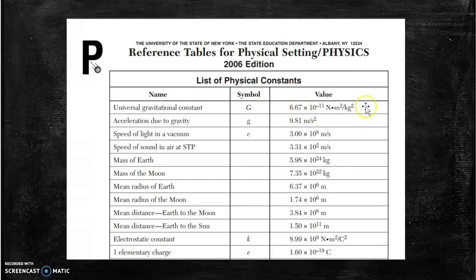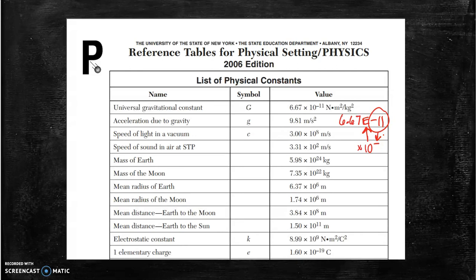In your calculator, if you were to type this in, you would type it in as 6.67 e negative 11. And your calculator might spit out an answer with this e notation here. E just means times 10 to, and then that power is what goes here.